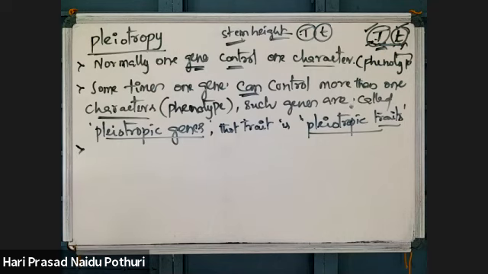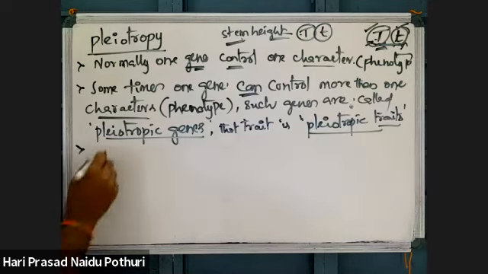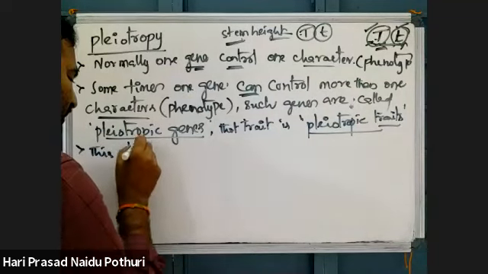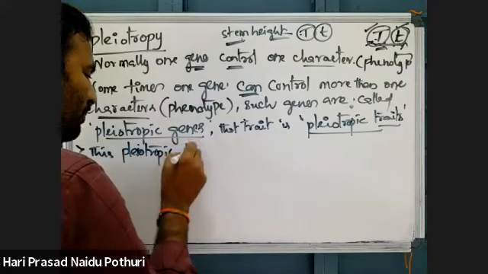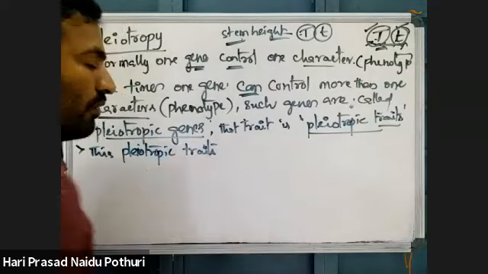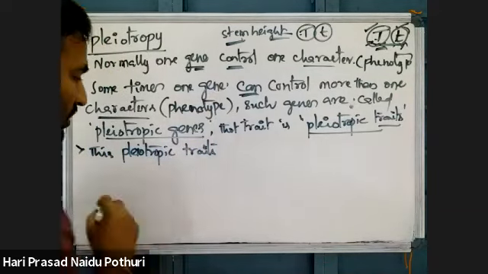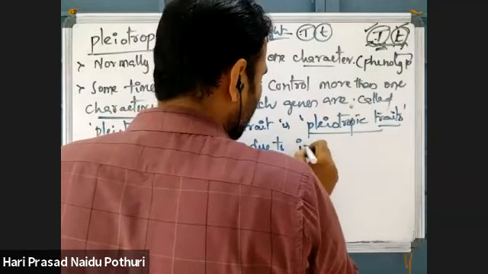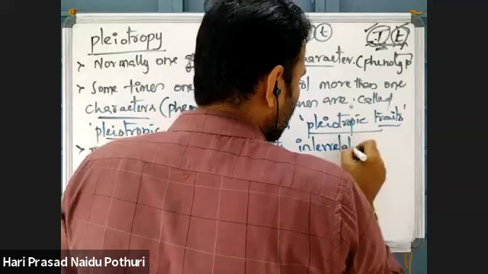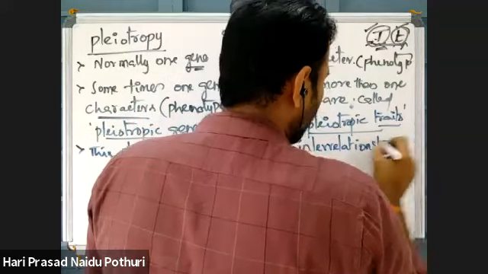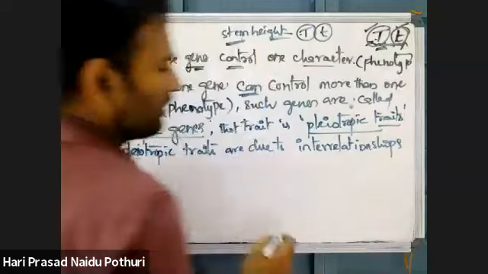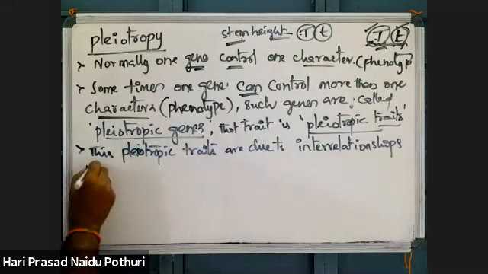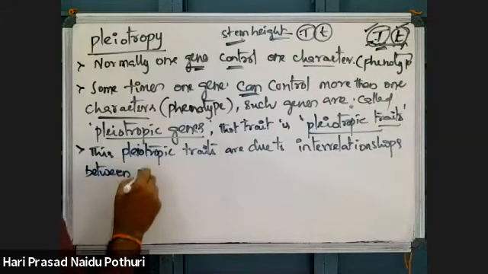Here this is the interrelationship between metabolic activities. Pleiotropic traits means different phenotypes expressed by one gene are due to interrelationships. One gene is related to normally one character, but that is due to the interrelationship between metabolic activities.